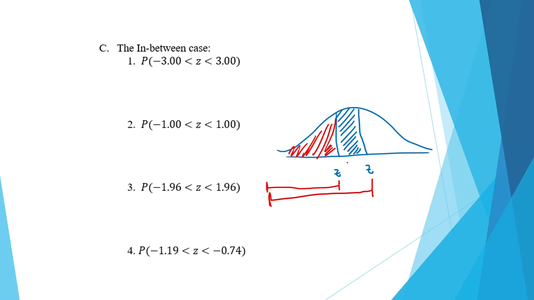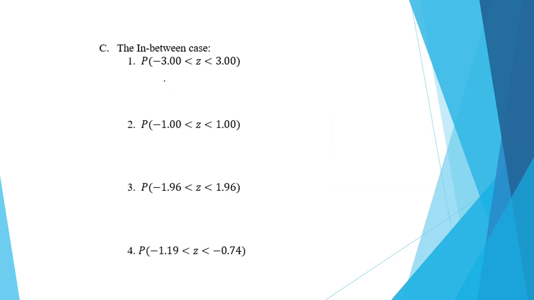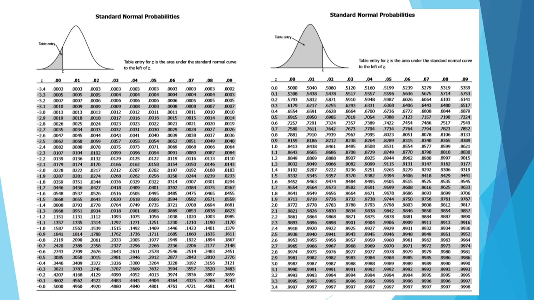In question number 1, we want to find the area between negative 3.00 and 3.00. I'll look at negative 3.00, and the area is 0.0013.